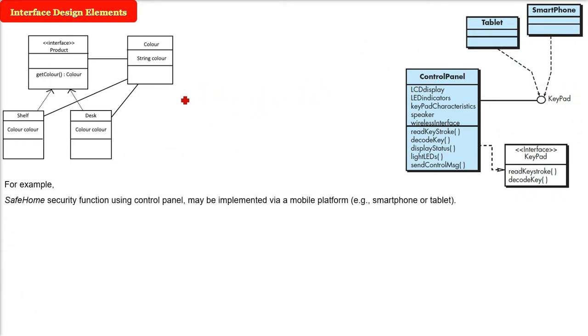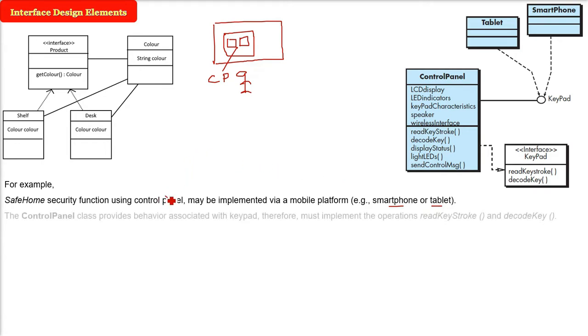For example, there is a security system, SafeHome. So the SafeHome security function uses the control panel. The user has a control panel, a keypad. He enters, he sees various things, and this may be implemented via a mobile platform also, like a smartphone or a tablet.